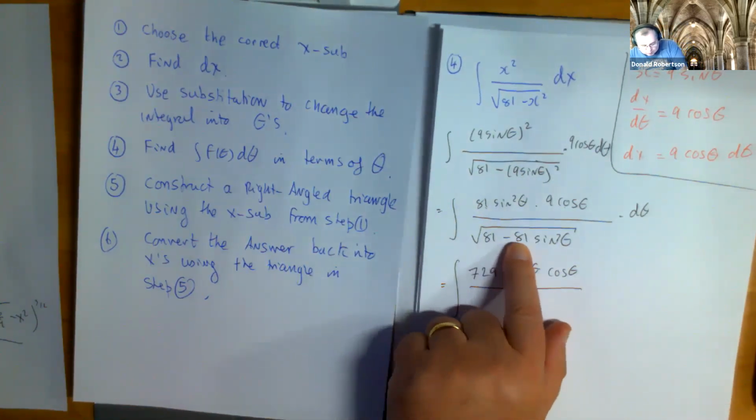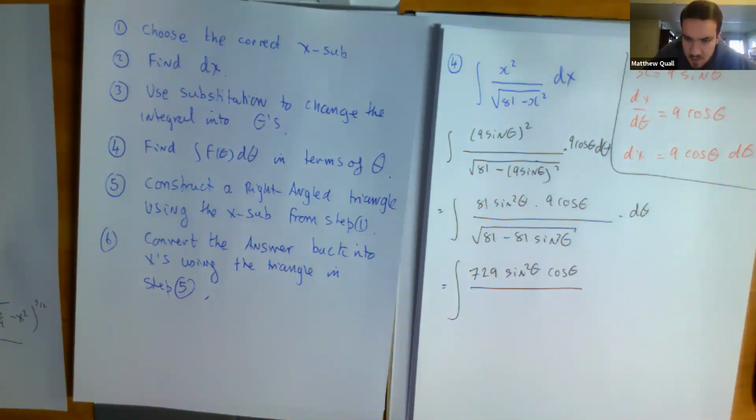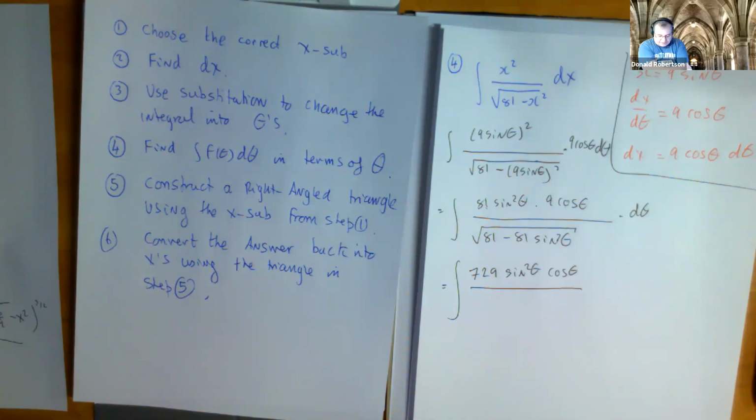Okay, 81, take away 81 sine squareds. What are you going to get? You factor out 81, and that's going to get you 1 minus sine squared.